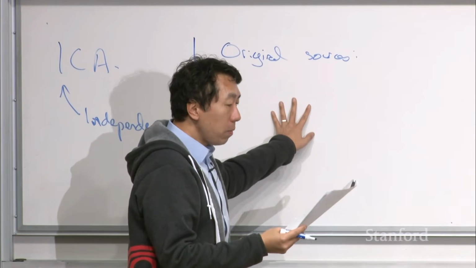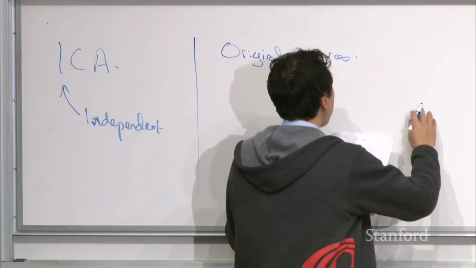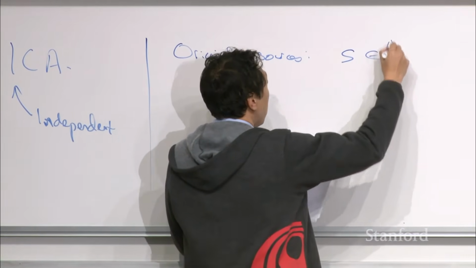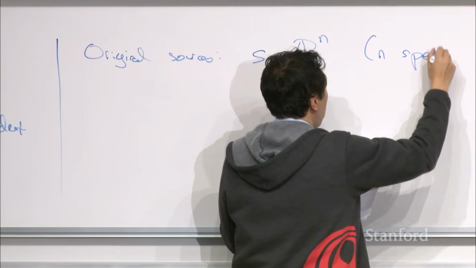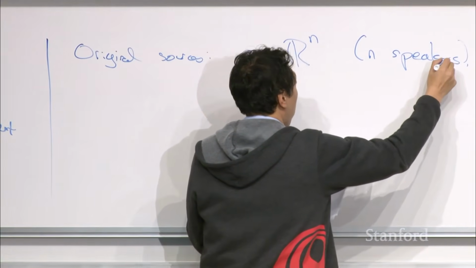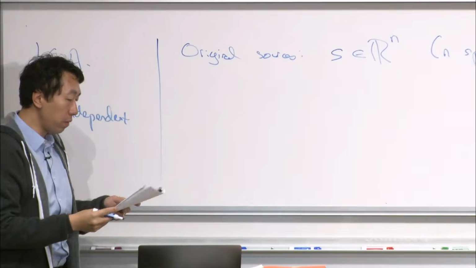So in ICA, we're going to assume that the data was generated through some set of sources, S in R^n, where you have n speakers. So you have 2 speakers, S is in R^2; you have 5 speakers, S is in R^5.